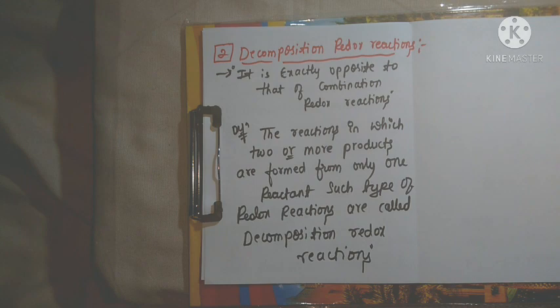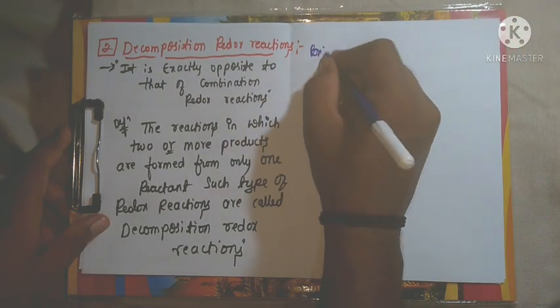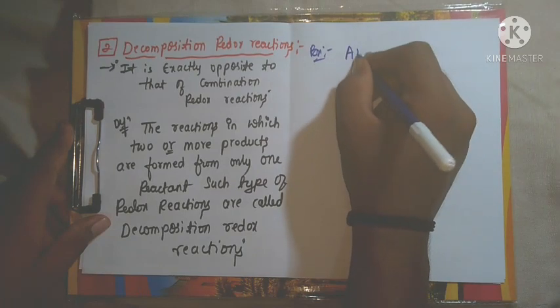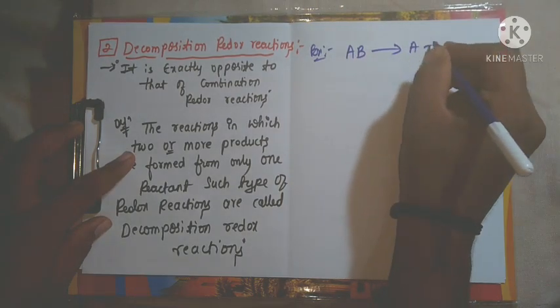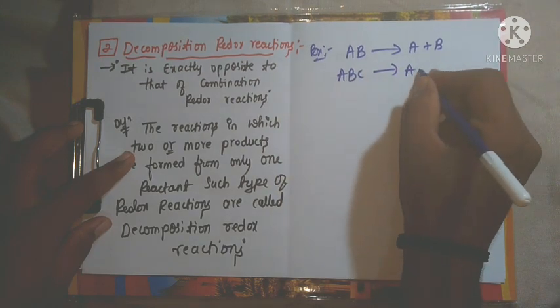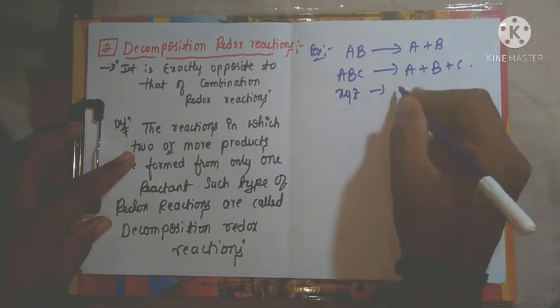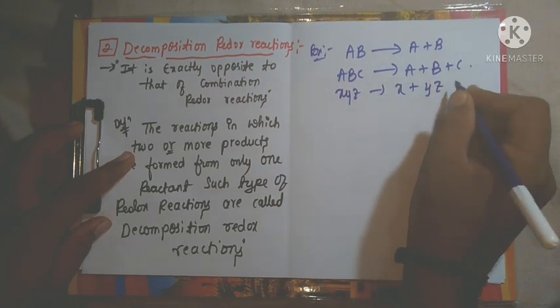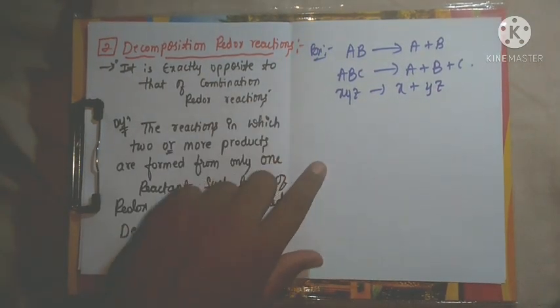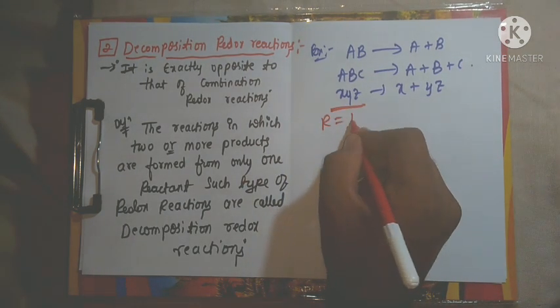Now once again I will write the general examples here, for more clarity. I am giving the notes. AB gives rise to two products, A and B, or ABC gives rise to the products A, B, C. XYZ gives rise to the products X plus YZ. In all these reactions, if you count the number of reactants, only one.